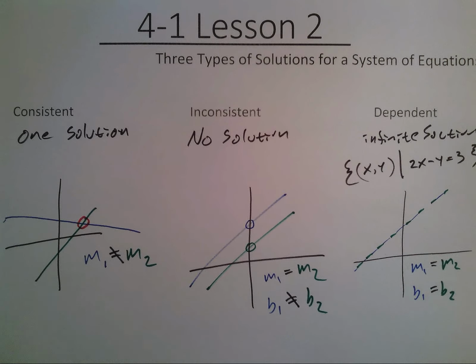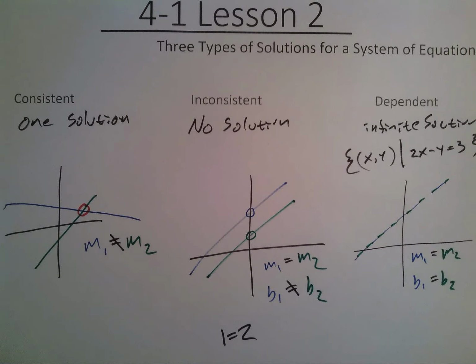Now, in the next videos, I'm going to talk in 4.2 and 4.3 about getting solutions. But if you're working on a problem, right, and no matter how you're working it out, if you end up with an impossibility like 1 is equal to 2, alright, that means you have an inconsistent system. That means there is no answer.